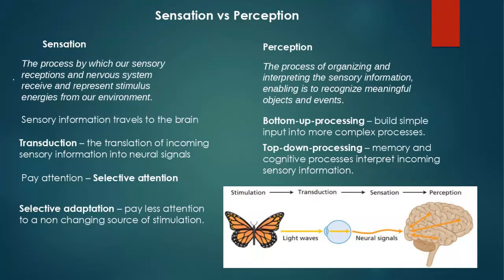That's where the brain takes all of these signals that are coming in and builds them up like building blocks from the bottom, okay, to construct a behavior or a cognition. Top-down processing is whereby your memory and your cognitive process interpret incoming sensory information. That's very much around your past experience.